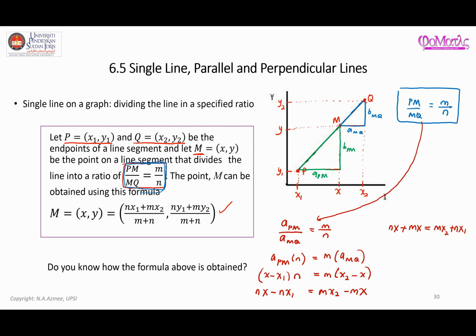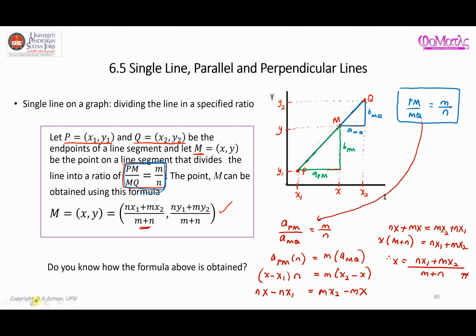Now this can be further rearranged by factoring x out, so I will have (m plus n) x, which equals nx1 plus mx2. I'm just rearranging the terms here. Therefore x is nx1 plus mx2 over m plus n. So this is what is given here as the formula to find x.